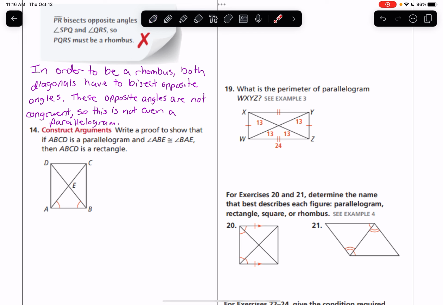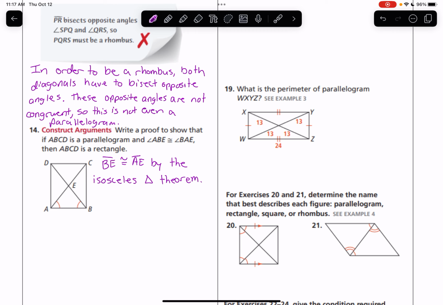Because if this angle and this angle are congruent, then AE and EB will have to be congruent. So BE is congruent to AE by the isosceles triangle theorem.